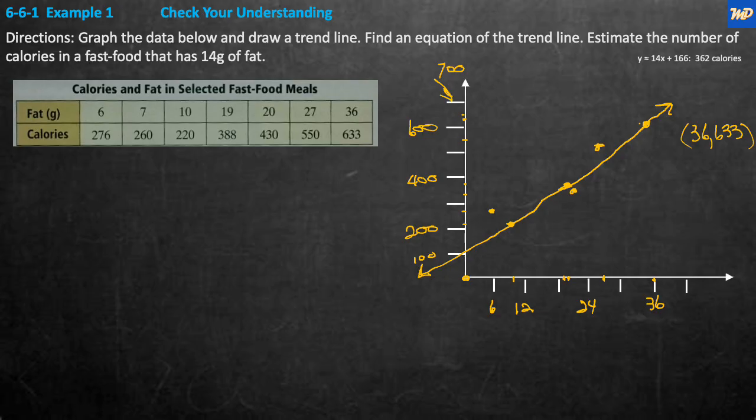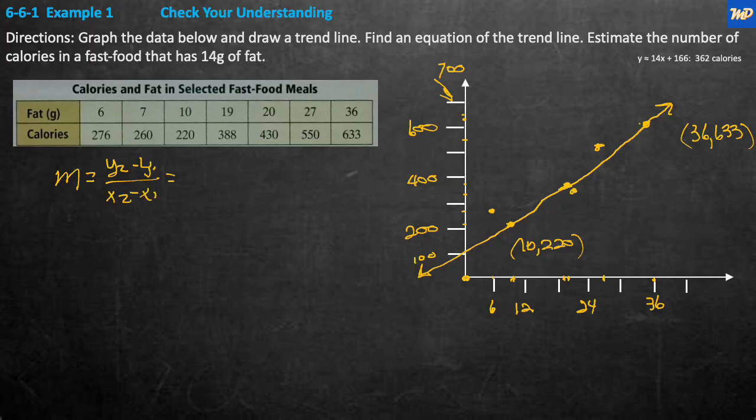So now we have to be able to find the slope. Okay. So this was what? This was 10 and 220. Okay. So this is 10 comma 220. So now how can we find the slope? Well, what is the slope formula? The slope formula is m is equal to y2 minus y1 over x2 minus x1.